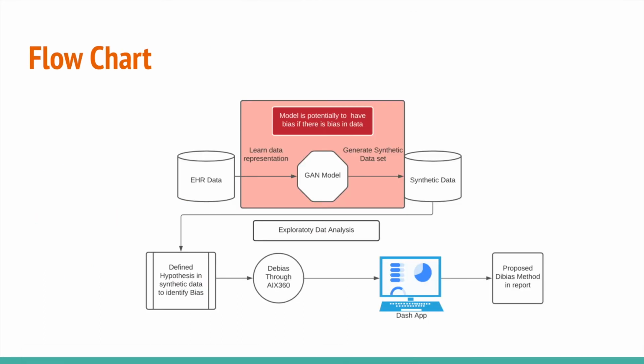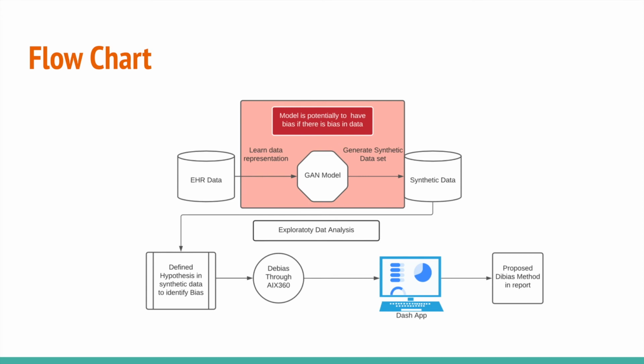Hi, this is Henry. For the flowchart, because we're a research project, we're going to focus on the data flow for this project. More specifically, we first want to use EHR data and a pre-trained GAN model to generate synthetic data.